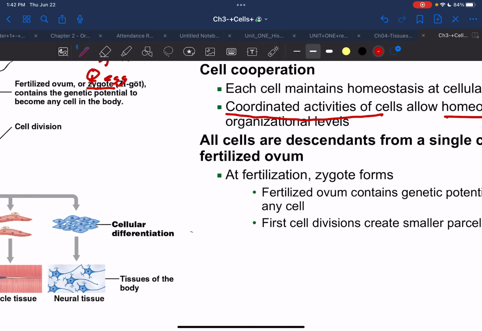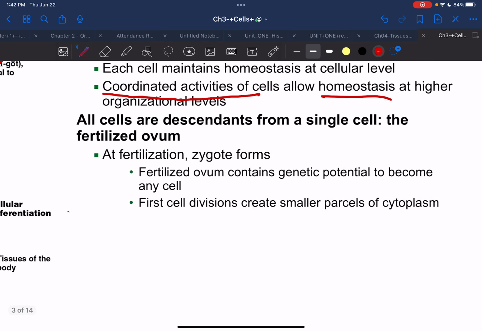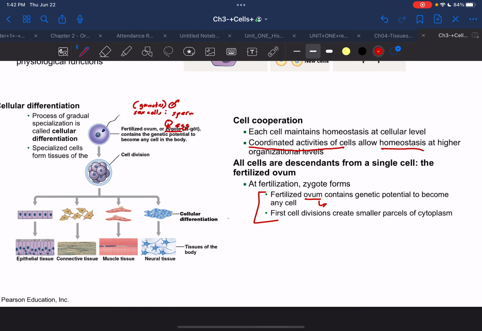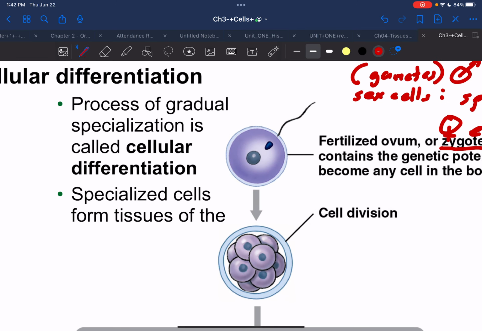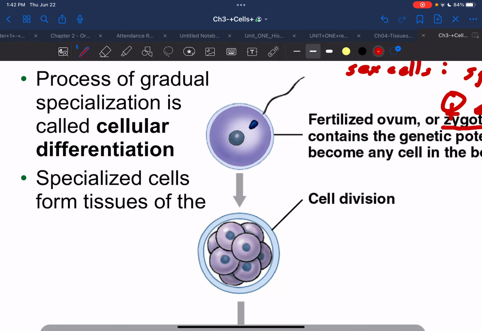Here is a little more of a verbal description of what I mentioned. A fertilized ovum is another way of saying an egg that's been fertilized. And now these cells can become anything. A fun fact: the concept of stem cell technology is based on this premise.